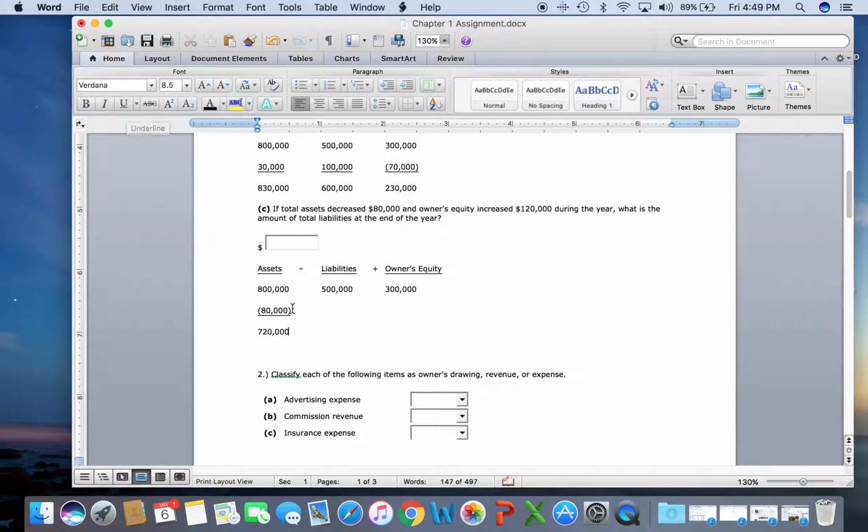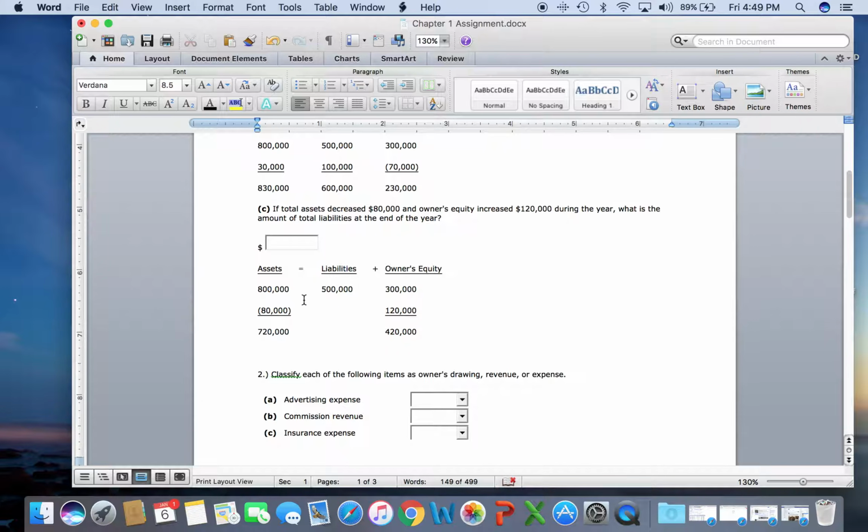And owner's equity now says increase to 120,000. So again, we come down here, and we know owner's equity now is 420,000.